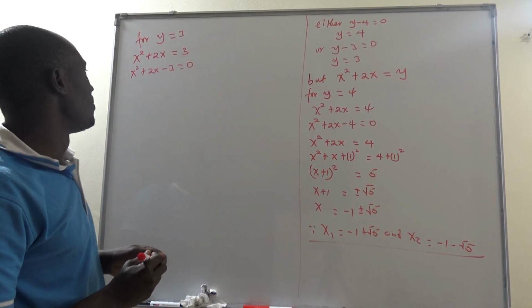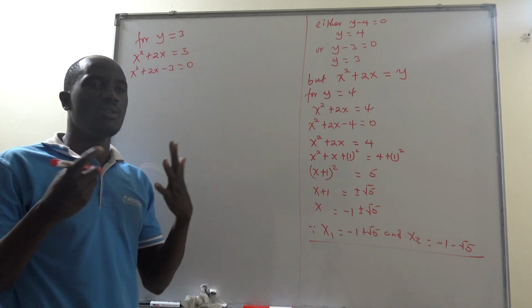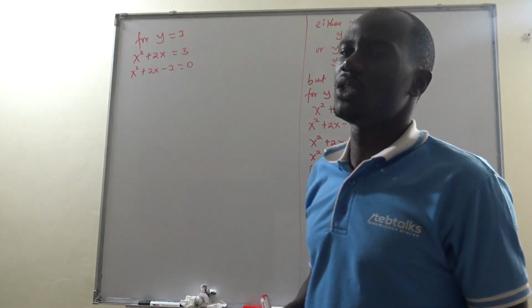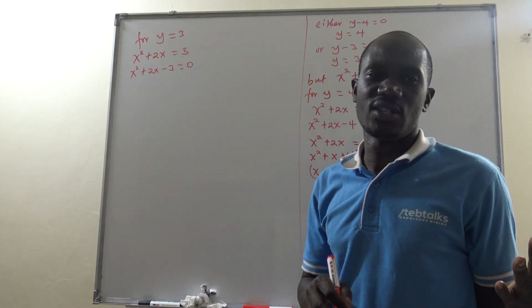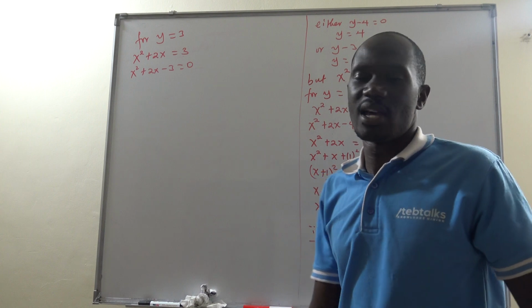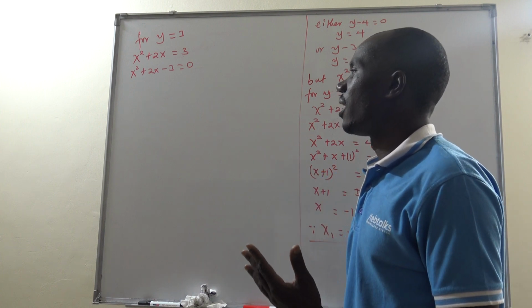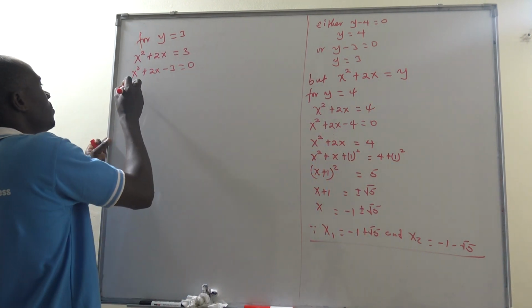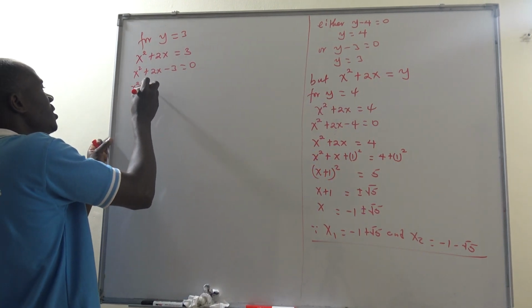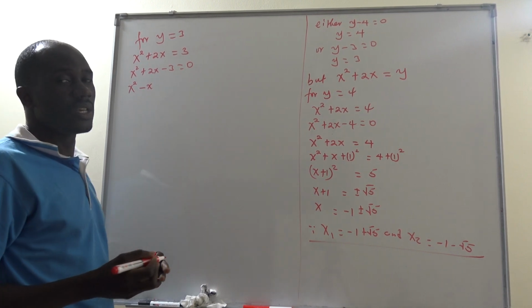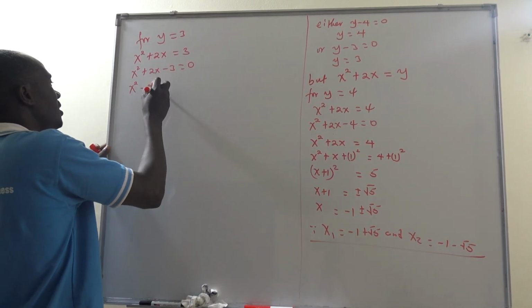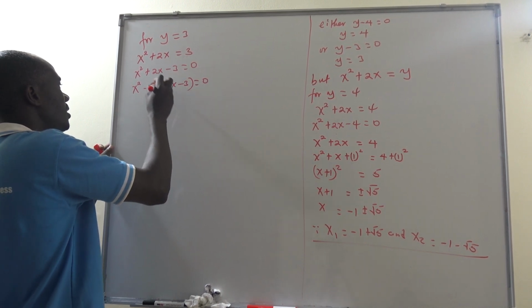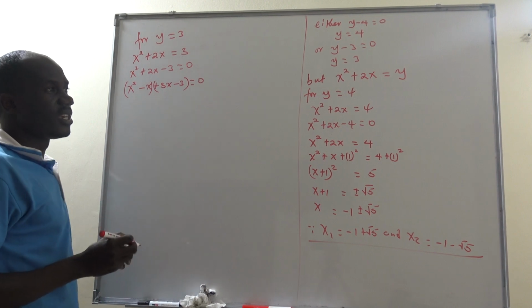When you multiply them, you get -3, and when you add, you come out with +2. In my analysis, the factors are going to be 3 and -1. So we substitute, and this becomes x squared minus x, I'm using the factor method, plus 3x minus 3 equals 0. The two numbers are being factorized in that way.